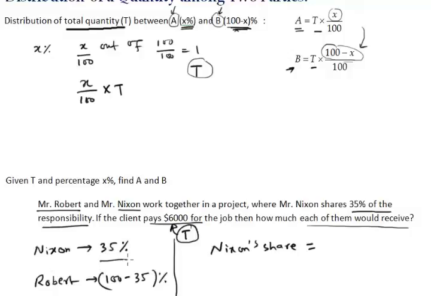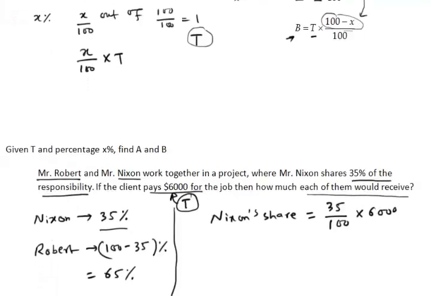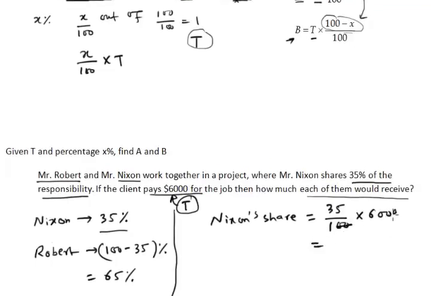So Mr. Nixon's share will be his percentage, that is 35, divided by 100 times the total quantity 6,000. Now we need to calculate it. Just 20 and 20 gone. If we multiply 60 and 35, 6 times 5 is 30, carry 3, 6 times 3 is 18 and 3 is 21. So Mr. Nixon will receive $2,100.